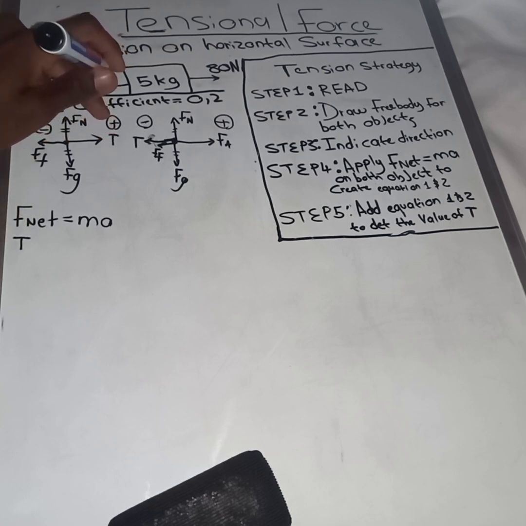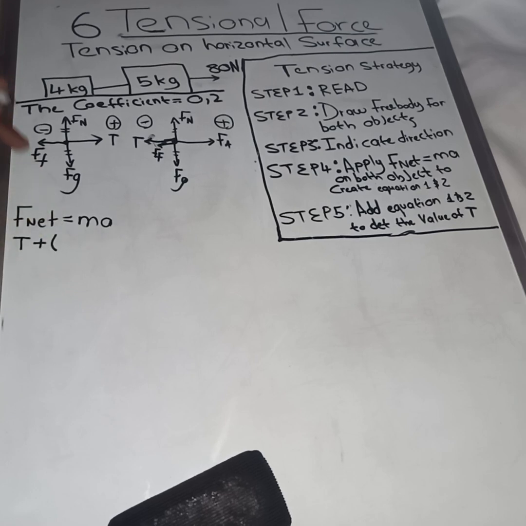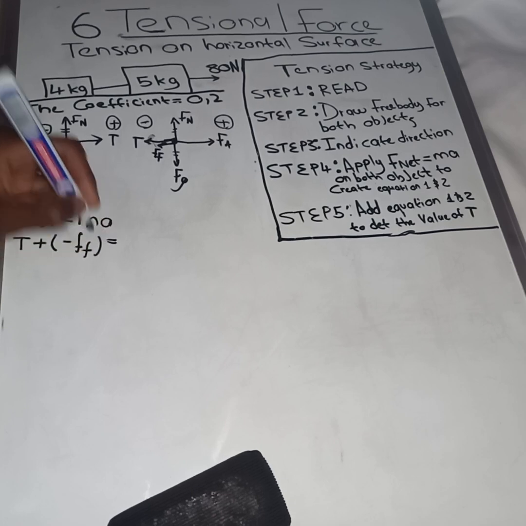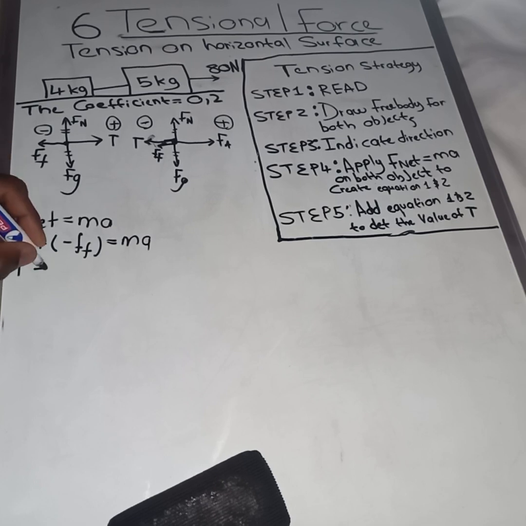So tension is acting on what? On a positive direction, which is east, so plus. But frictional force is acting what? West, so we have to include negative F, which equals ma. T, positive times negative is negative.